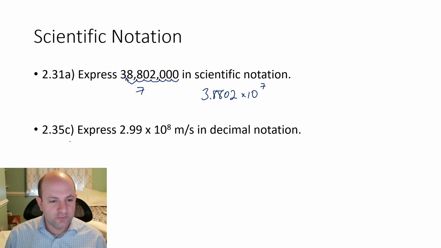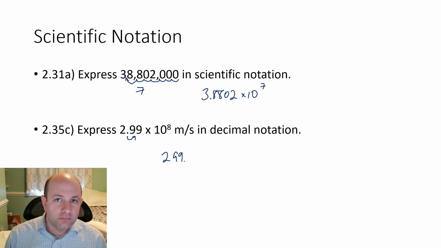In this case, then, for 35C, we're going to take this number already in scientific notation and make it decimal notation. Sometimes it's called standard notation. But this means, okay, 10 to the positive 8th. That means this is a number bigger than 1. So we're going to be moving our decimal that way to keep it bigger than 1. And we're going to move it 8 times. So I'll write 2, 9, 9. That's already 2 times.